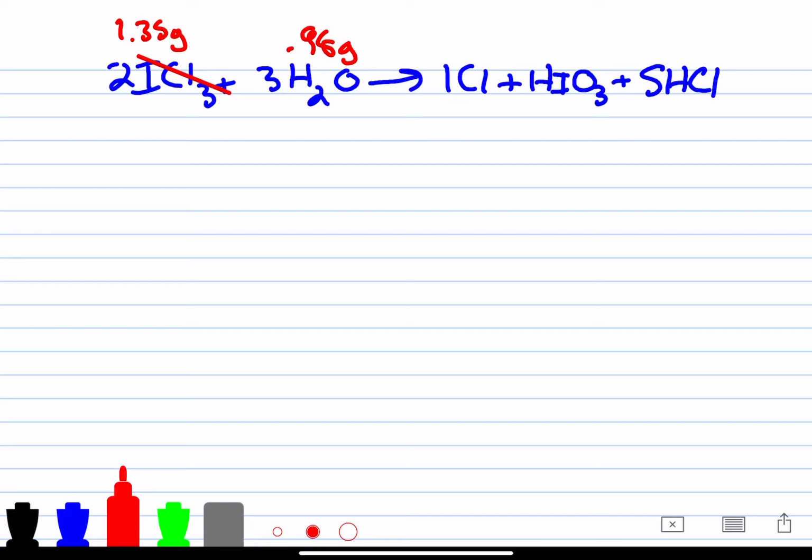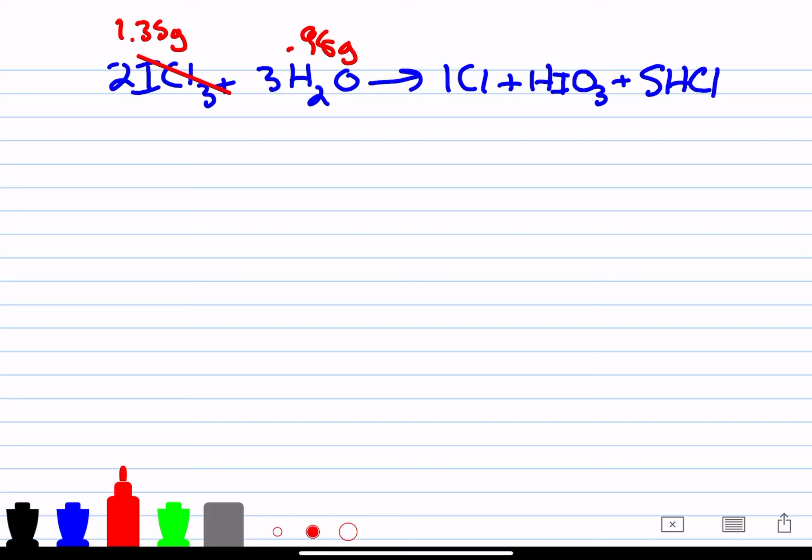So the first thing we do is we need to find the limiting reactant. In this case, the limiting reactant is going to be the ICl3, and it's pretty easy to determine without even solving, because it's a 2-to-3 ratio, so you don't need a whole lot more water than the ICl3. But the mass of ICl3 is many, many times greater than the water.